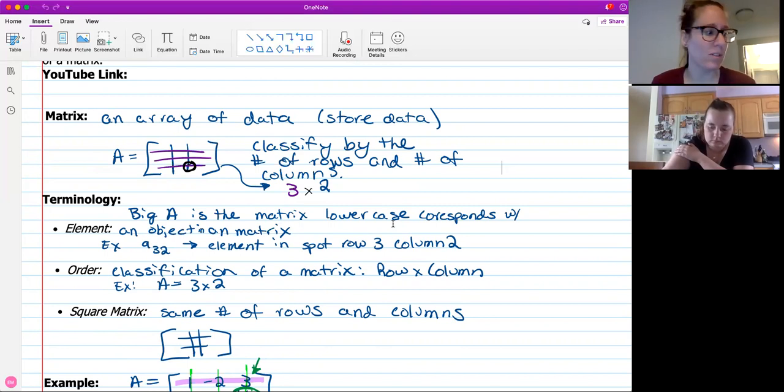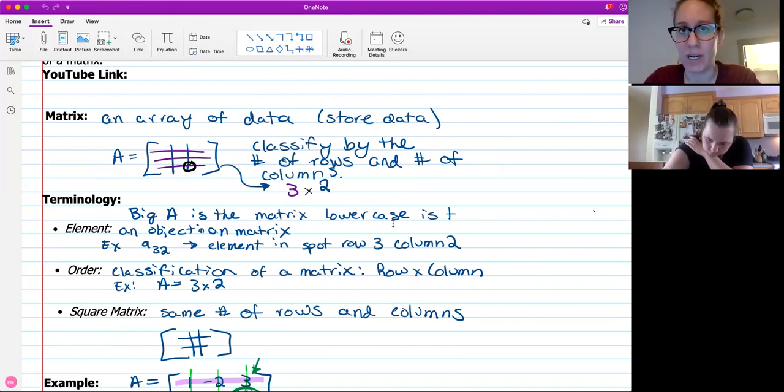The only question people seem to have is, well, Miss Lastly, what if there were, because like right now, if you look at it, we have lowercase a, 2, 3. How do I know that that's not 23, that's a 2 and a 3? Matrices that have 10 or more rows where you have double digits, I've seen it 2 ways. I've seen it with a comma in between. If it's double digit number of rows and columns, they'll do a comma between the rows and columns.